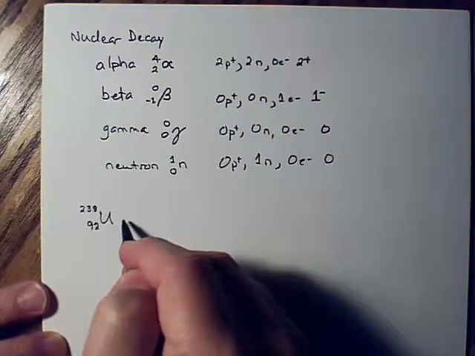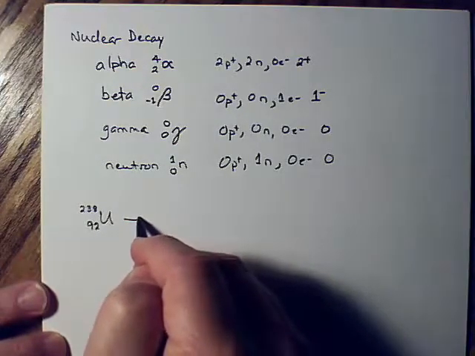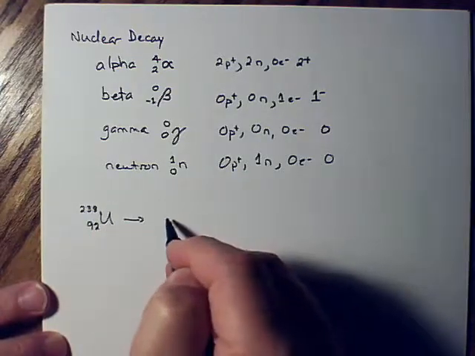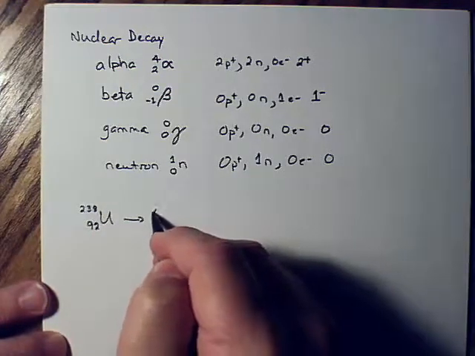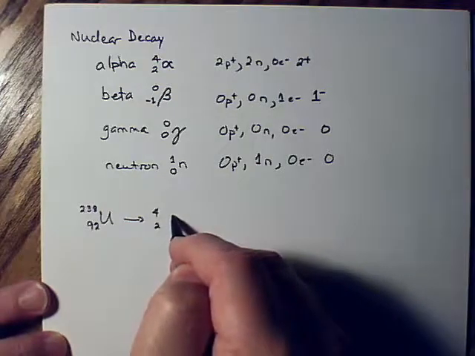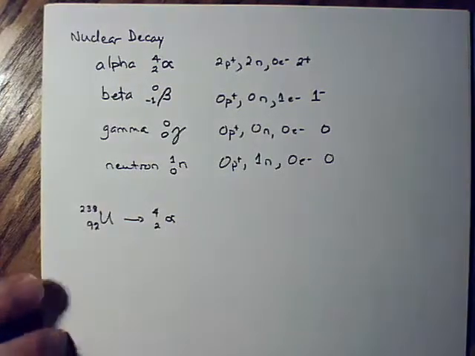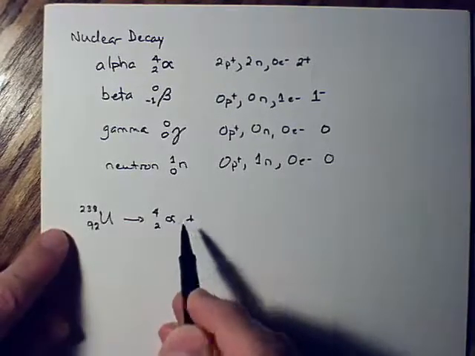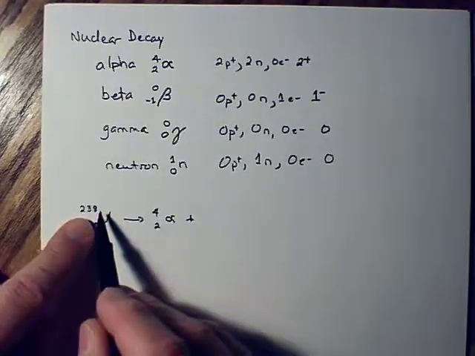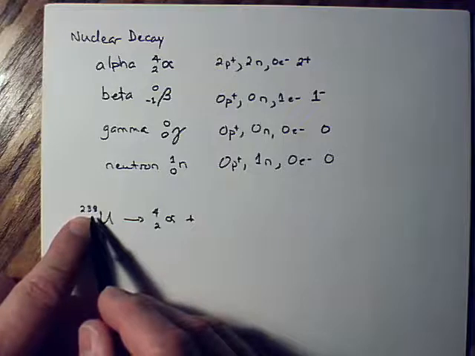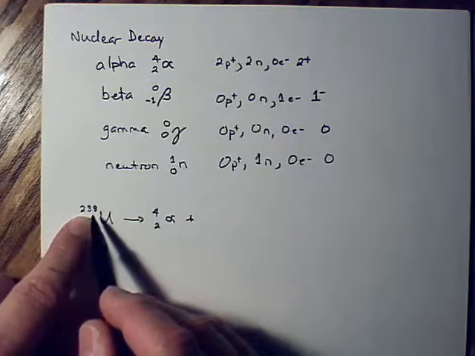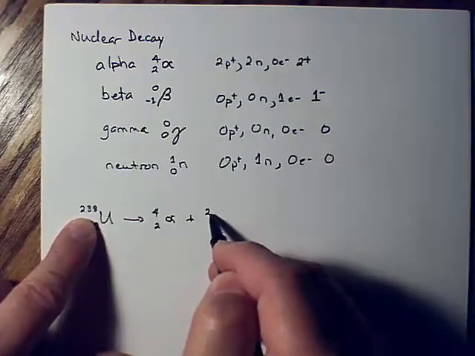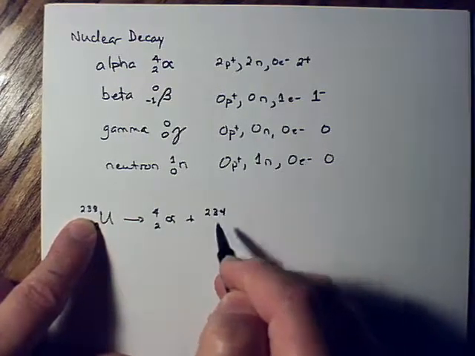In the process of this decay, we're going to have an alpha particle over here. If an alpha particle leaves, then the mass is going to be reduced by 4, so that's 234.